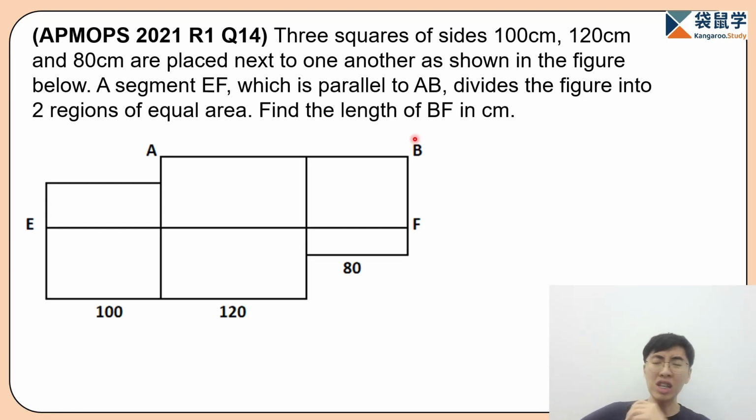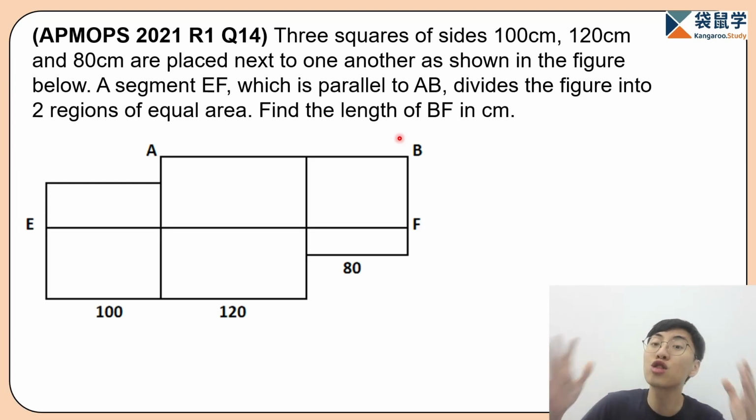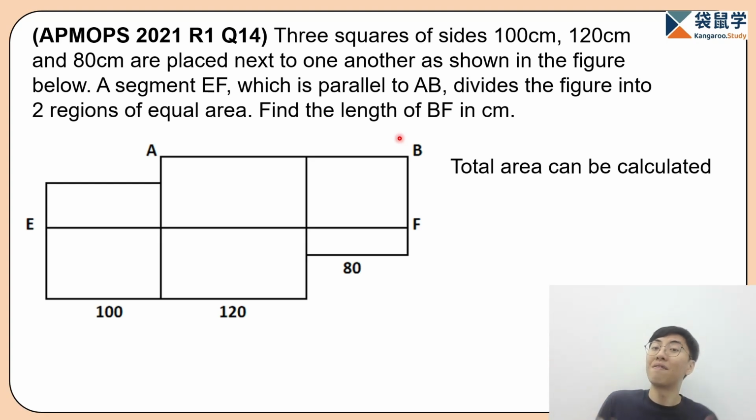So now, let's think about this question. After reading the question, what is it that we can find? Actually, after reading through the question, I think we all know that there are two things that I'm able to find. Firstly, since the squares are all given, we can find the total area of the figure.